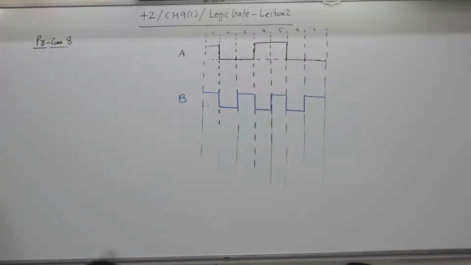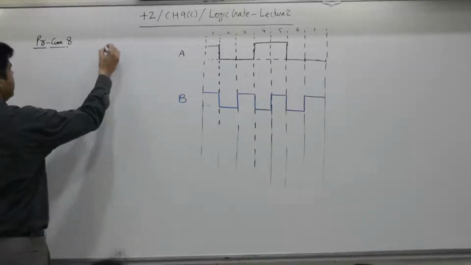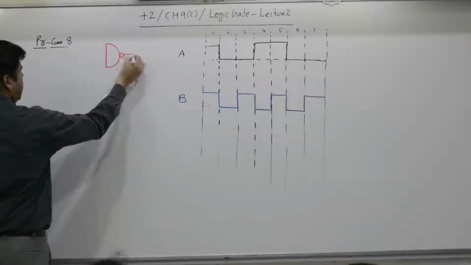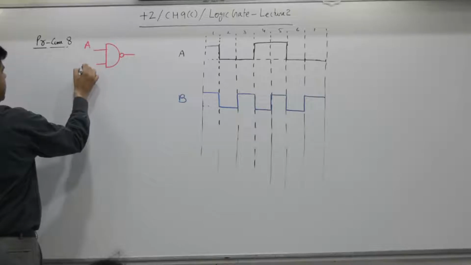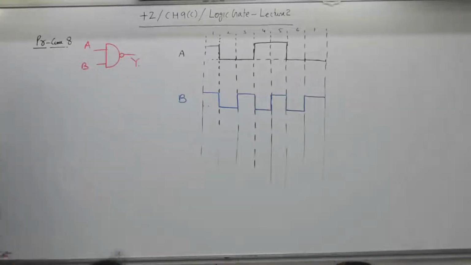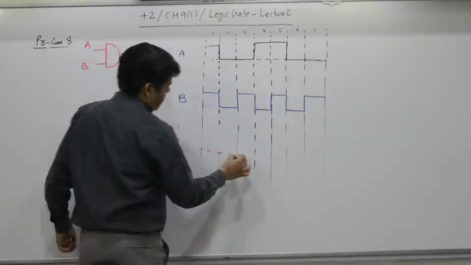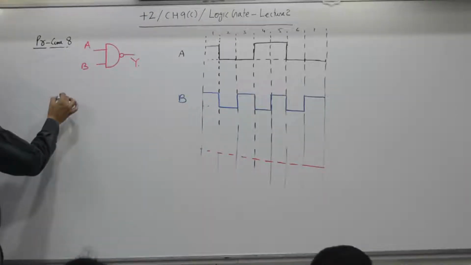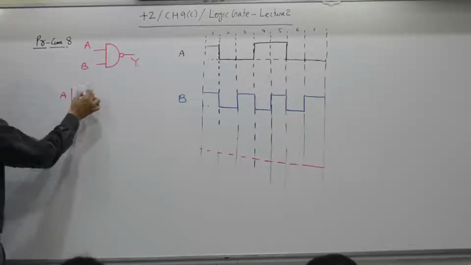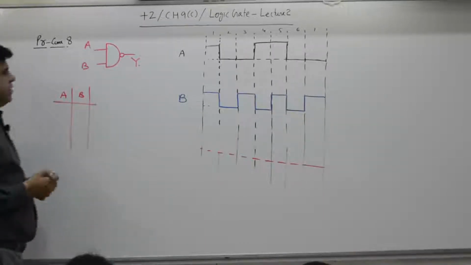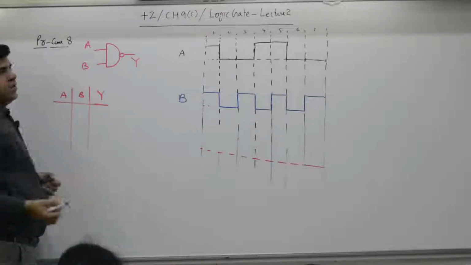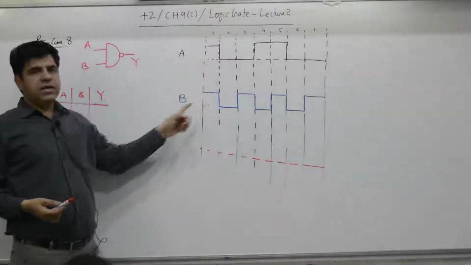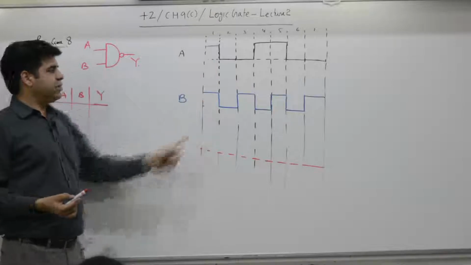You have to plot the output for a NAND gate. In case it is given as a NAND gate, these two inputs are given to a NAND gate. Plot Y. Or you can say A, B, Y. First second: A is high, B is also high.